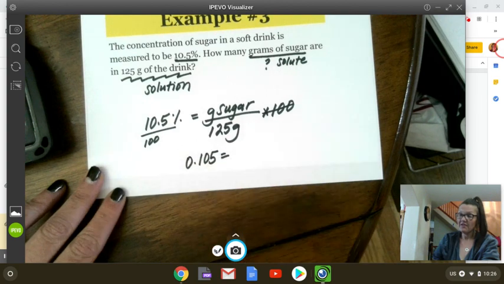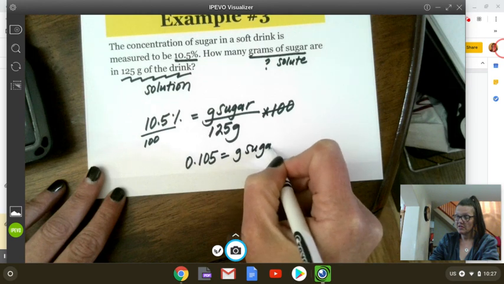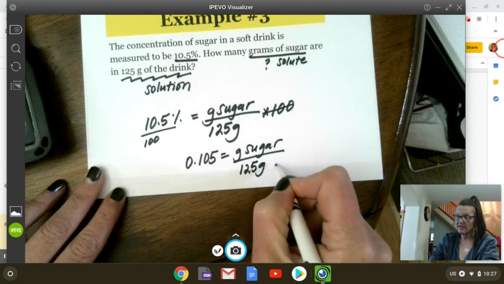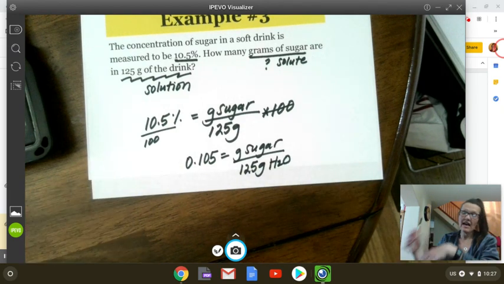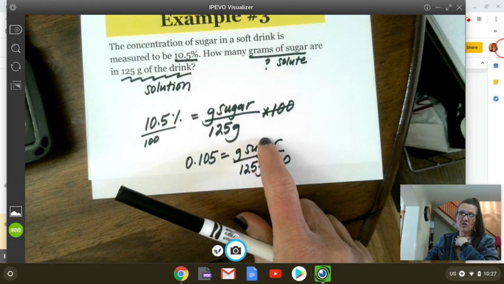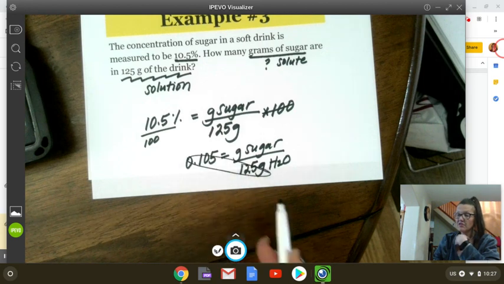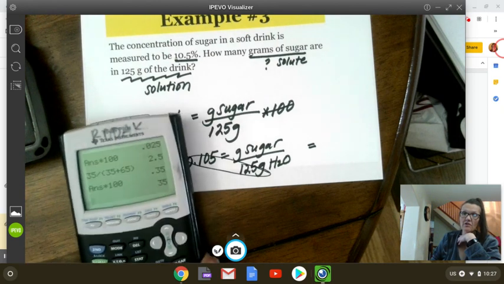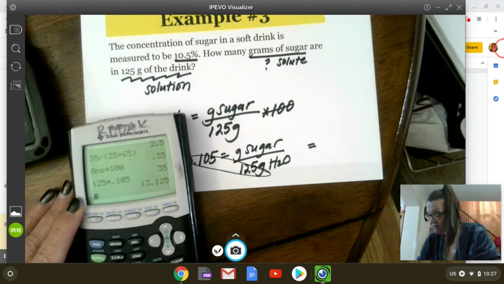So I'm left with 0.105 being equal to some mass of sugar divided by 125 grams of the drink, the solution. Now, how do I solve this? My unknown is over here. Just like we did before, you're going to do a little cross multiplying, right? And we get for an answer, we're going to take 125 times 0.105.